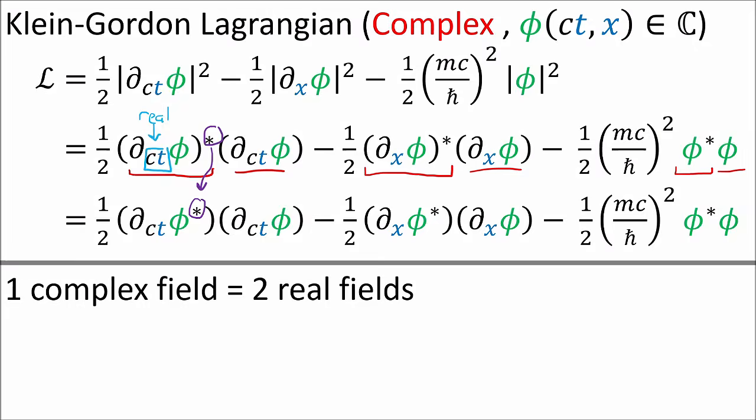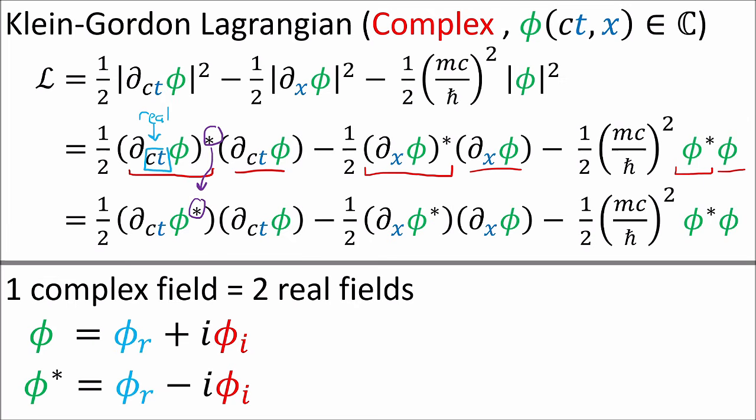Now, it's worth noting that one complex field can be viewed as two real fields, since the complex phi has both a real part and an imaginary part. However, when dealing with the field equations, it's more useful to consider phi and its complex conjugate phi star as the main field variables instead.